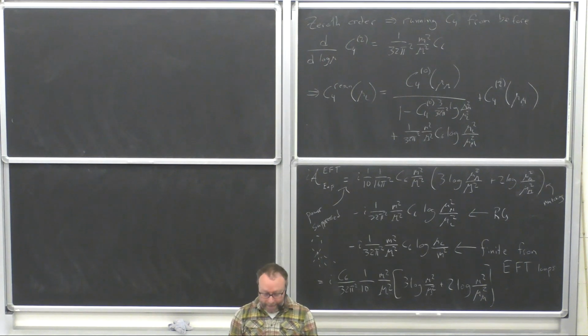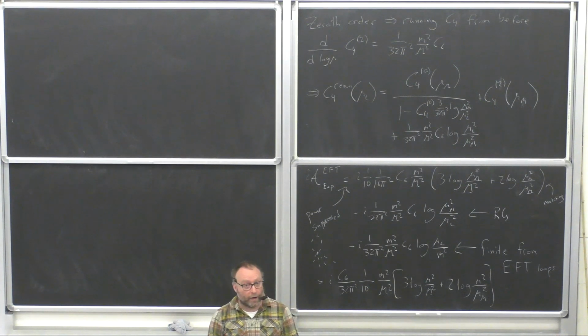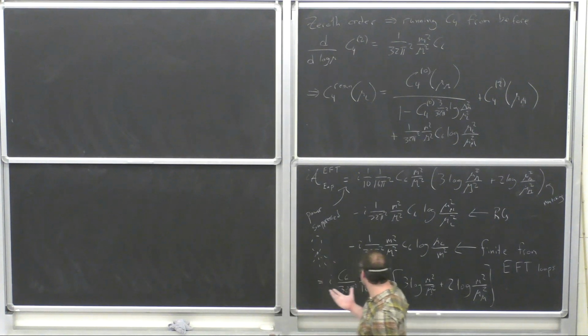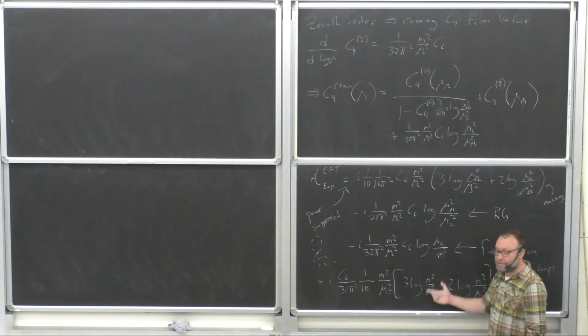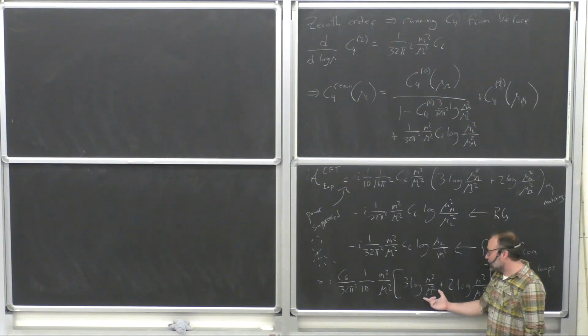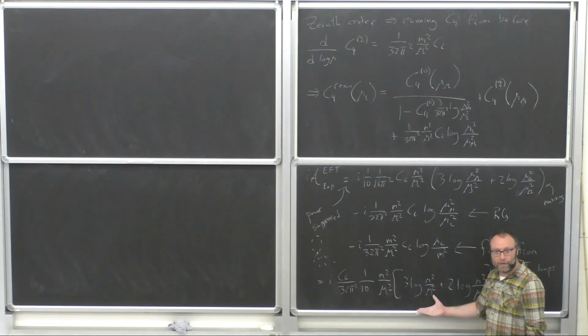Especially if you encounter IR logarithms like this one, where there's a ratio of physical scales inside, I really want to send home the message that this should scream out to you that there must be an EFT that could separate the scales inside this log and that you can use to then resum logs of this type.